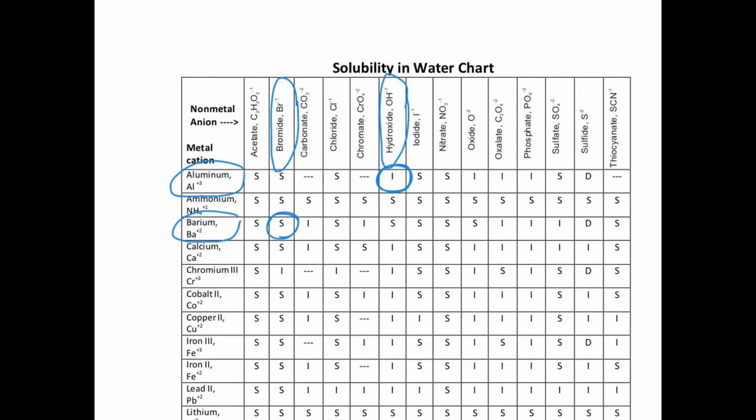Now, in some chemical reactions, both of your products are going to show up as S, meaning soluble. What that means is that the double replacement reaction actually does not occur. There are no precipitates, so nothing actually happens in the chemical reaction. So every time you do a double replacement and you figure out the two possible products, you do need to look at a solubility chart or memorize all of your solubilities and figure out which of those two products is insoluble in water.